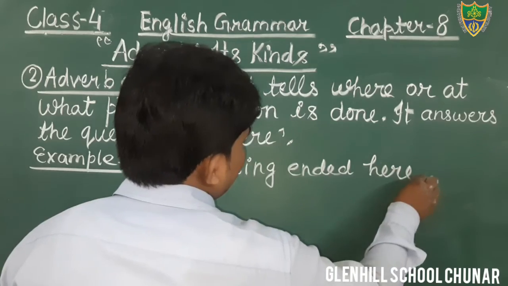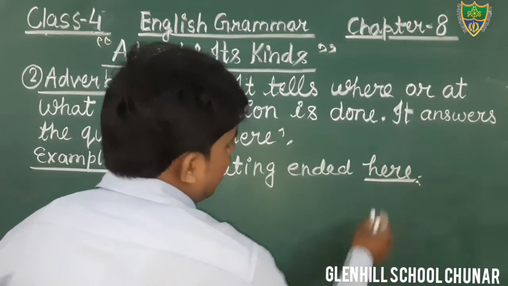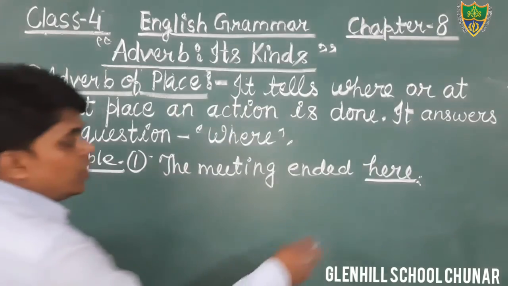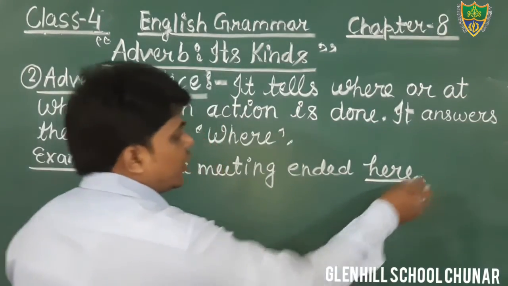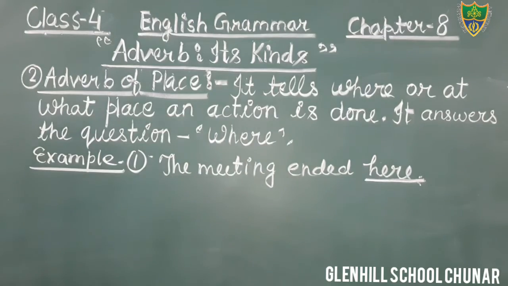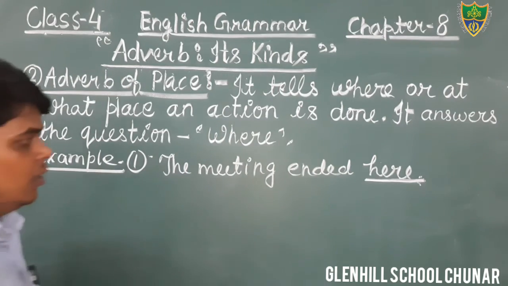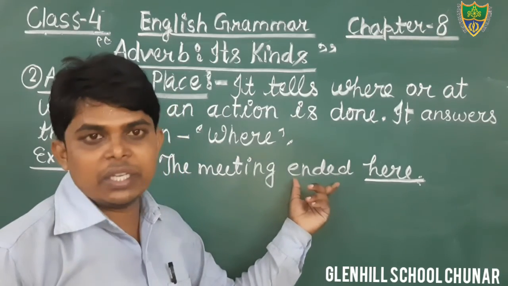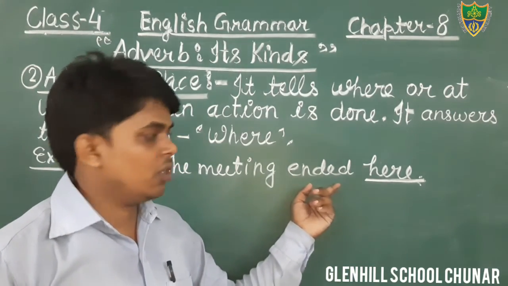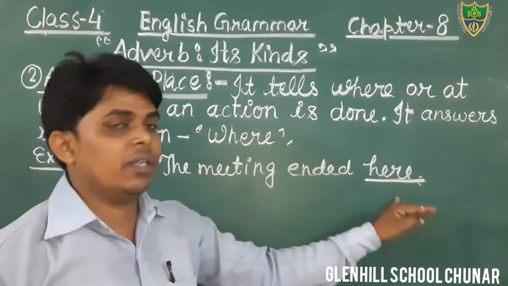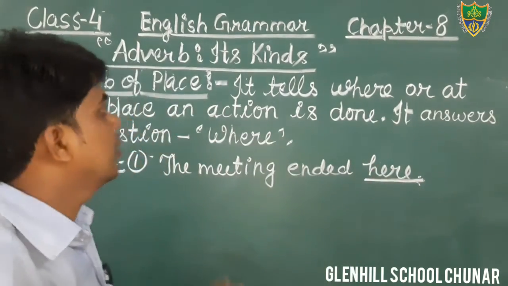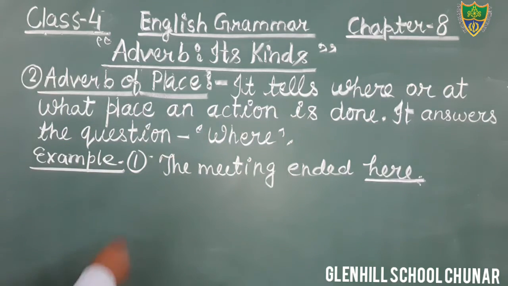Yes, friends, in this sentence the word here denotes what? In this sentence the word here denotes the place of an action. Here, what is the action word? That is end. The meeting ended here. In this sentence, the word here is adverb of place. One more example you can write.